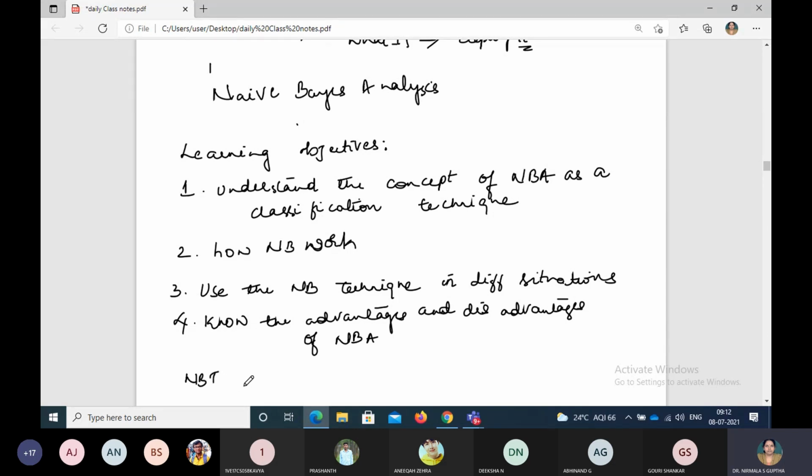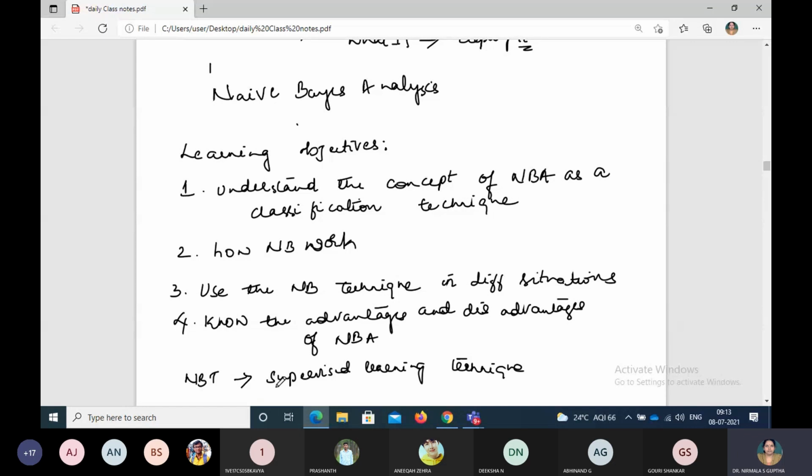Naive-Bayes technique is a supervised learning technique. When I say supervised, it works on a probability theory based analysis.